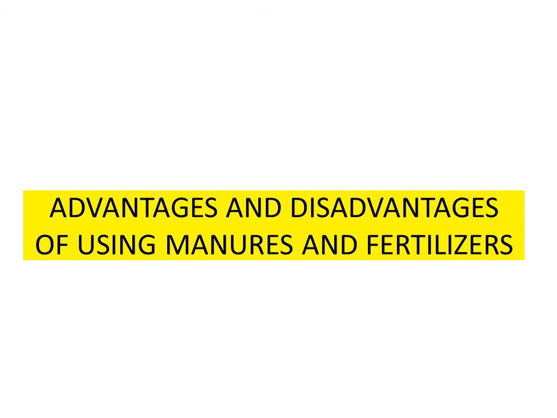Another advantage, strengthens the plant stem that supports the plant. The stem is healthy and strong. Another advantage of using manures and fertilizers is that they provide necessary nutrients for growth and development of crops. Another advantage is that it leads to quick ripening of fruits.